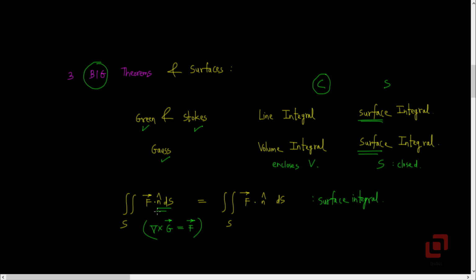The vector n cap dS is known as the elementary area vector, which is defined to be normal or perpendicular to the elementary area dS. In some textbooks, the elementary area n cap dS is also denoted by dS bar. So dS bar and n cap dS essentially are one and the same thing.